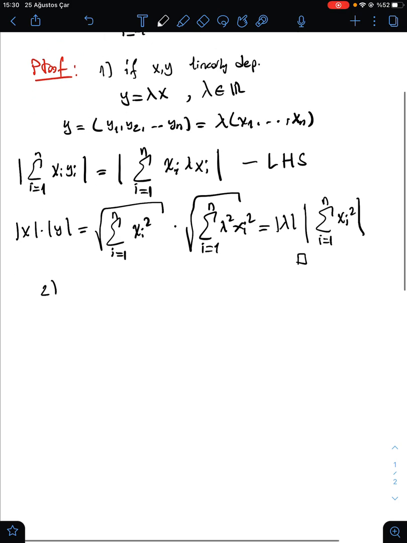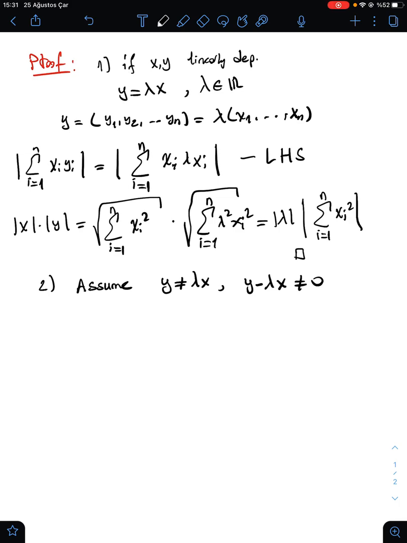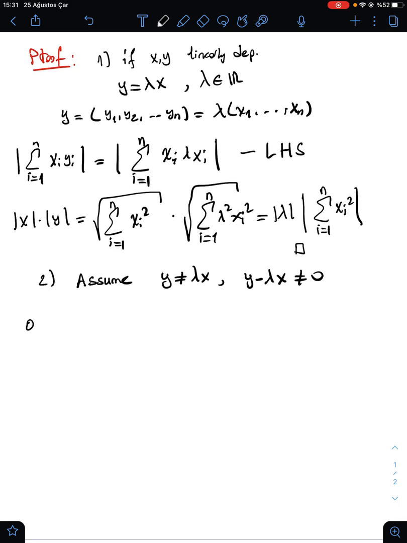What about the second case? I'm sorry about the length of this first case because it is kind of trivial, but I needed to expand the whole equation. Anyway, for the second case, assume that it is not the case. So we have y minus lambda x not equal to 0. You see the following: its absolute value squared is bigger than 0, which is obvious.